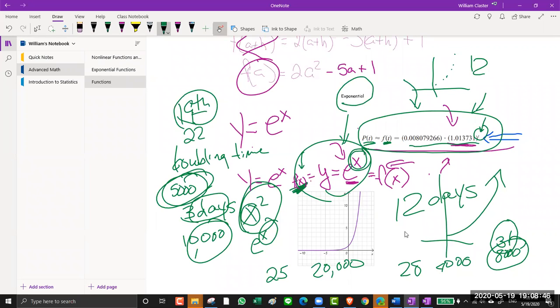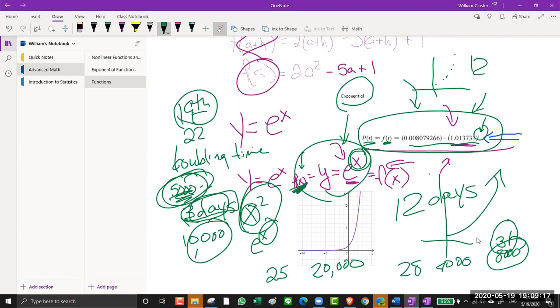This was actually happening in China at that time, about 3 days, actually a little bit less than 3 days for a while. But let's say it was 3 days. That means in just 12 days, the number of cases would go from 5,000 to 80,000.